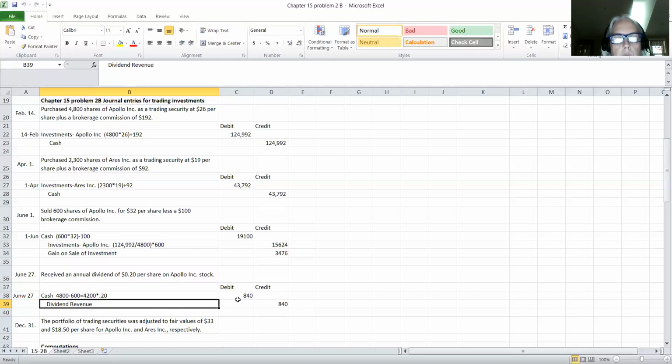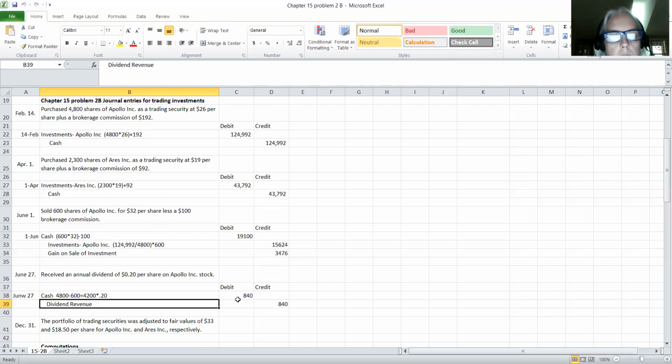The reason that we buy stock from companies is we're hoping to receive dividends off of the stock. Dividends are our share in the company's net earnings. And if there are trading securities like we're talking about in this problem, when we receive dividends from the company that we bought the stock from, we will credit the account called dividend revenue.